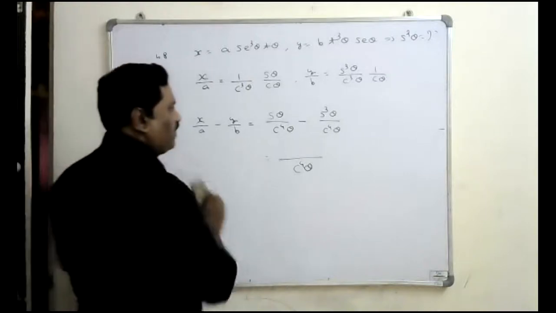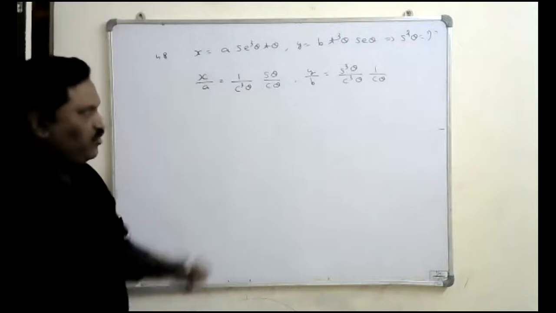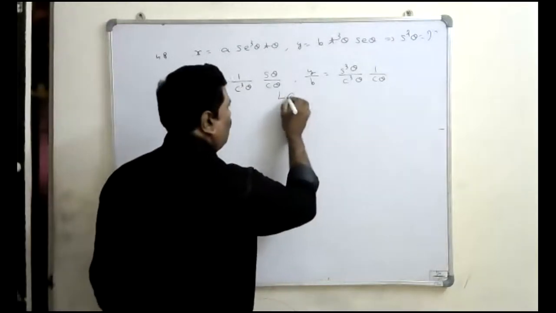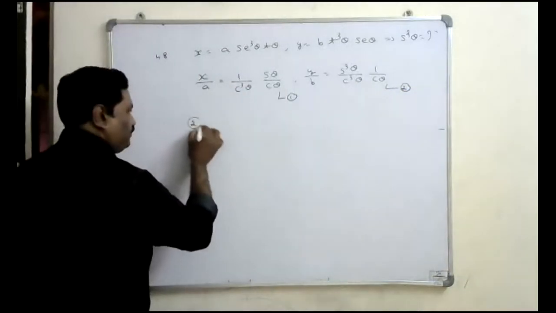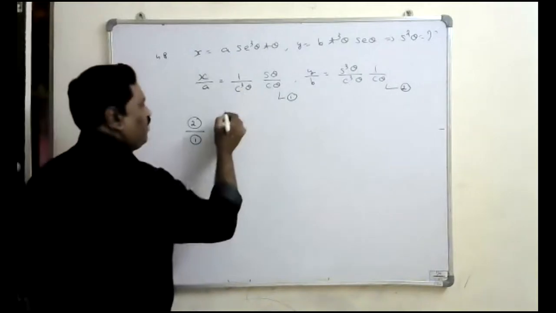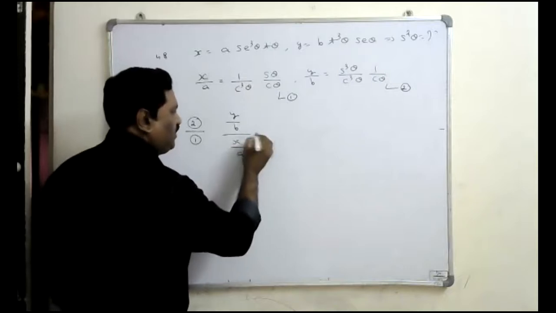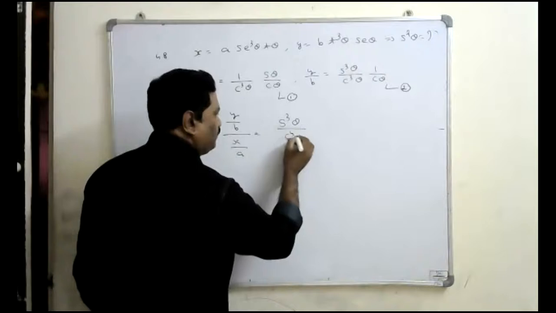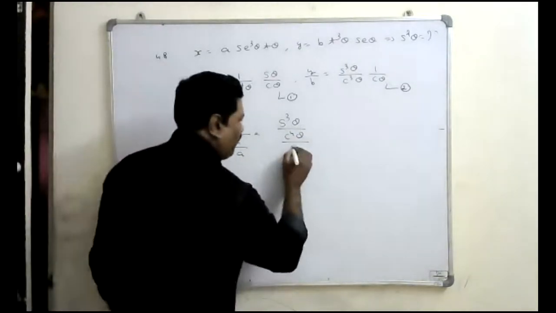Don't subtract them, because if we subtract, we get a tan power 4 theta value. What we will do is divide these two. This is equation number 1 and this is equation number 2. Divide 2 by 1: y by b upon x by a is equal to sin cube theta upon cos power 4 theta, upon sin theta by cos power 4 theta.